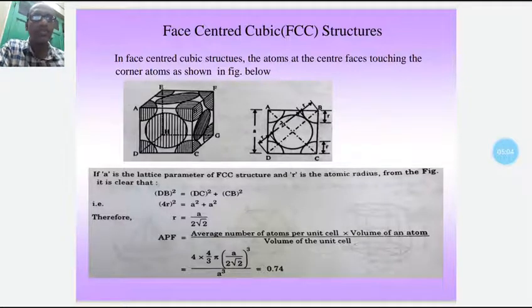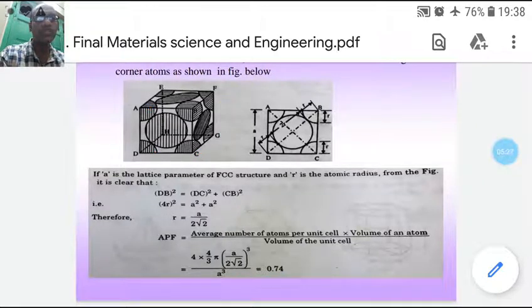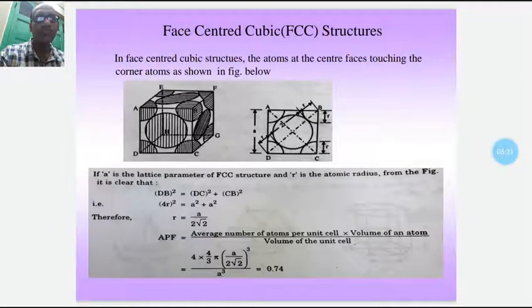There are 8 corner atoms, each shared, that is 8 by 8, and there are 6 face atoms, each shared by 2 adjacent cells, that is 6 by 2. So the total number of atoms in a unit cell of this FCC structure is 4.